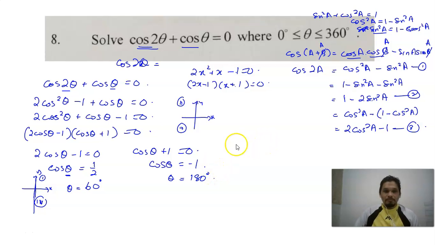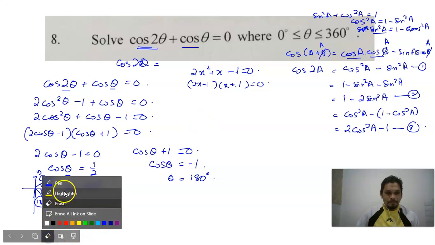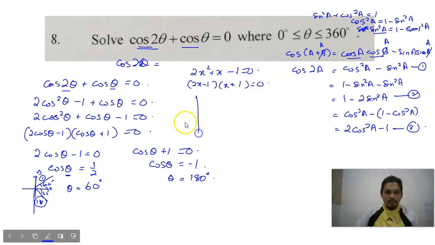Okay, so now the basic angle of cos theta equal to positive is 60. So in the first quadrant it is 60 here, and in the fourth quadrant also 60.